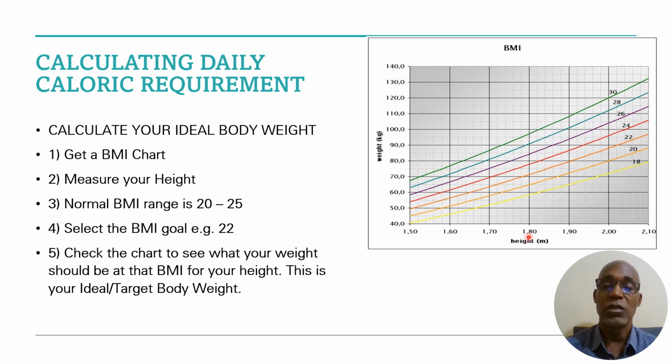So what you do is you see where the height line crosses the 22 line, and then you go across to the weight, and you see a weight of 70 kilograms. So basically what this chart is saying is that if your height is 1.8 meters, then your ideal body weight, or the weight that matches a BMI of 22, would be 70 kilograms.